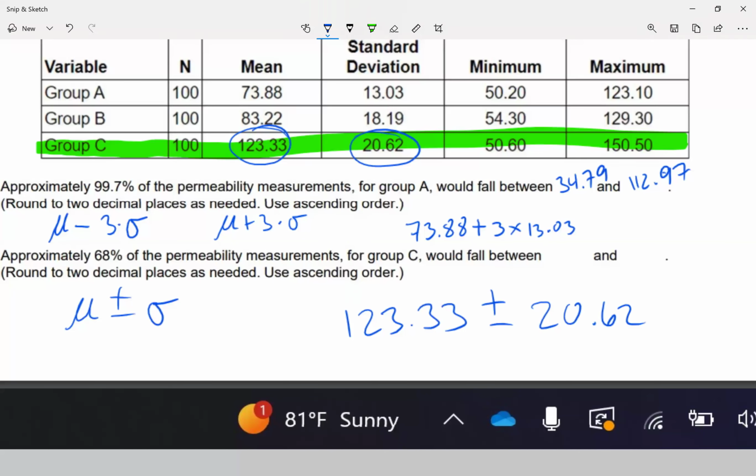For my first number, I'm going to go 123.33 minus 20.62. So it's going to give me 102.71. My second number, I'm going to go 123.33 plus 20.62, and it's going to give me 143.95.